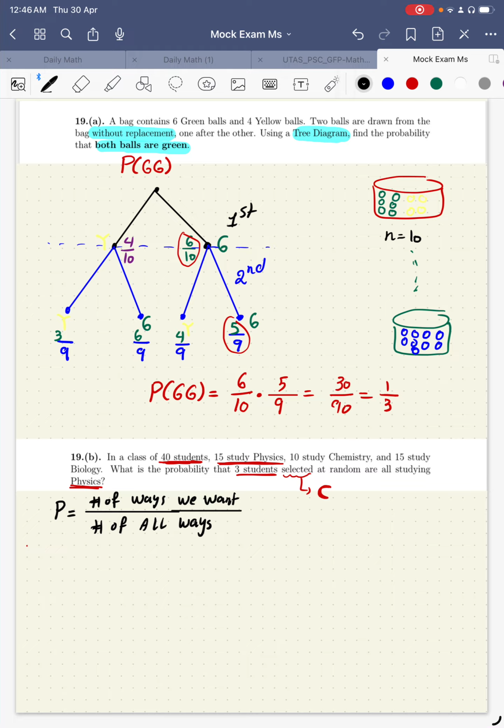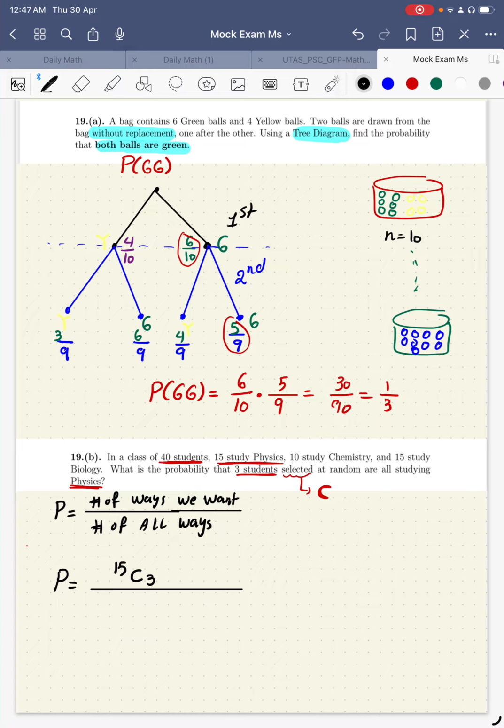So here it's gonna be P equal كيف نختار 3 من 15 شخص يدرس physics فيزياء. It will be 15 C 3. نختار 15 من 3 divided by all the number of all ways.